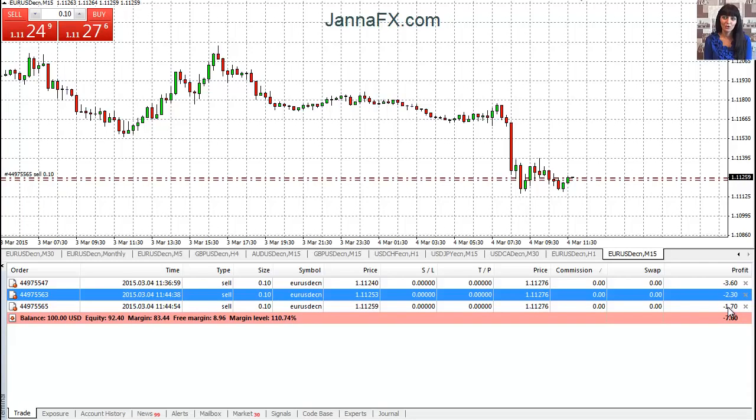So what you can do is to close any of these positions. We don't need to close the biggest one. If I will have margin level 100%, automatically the biggest loss will be closed to release more margin.